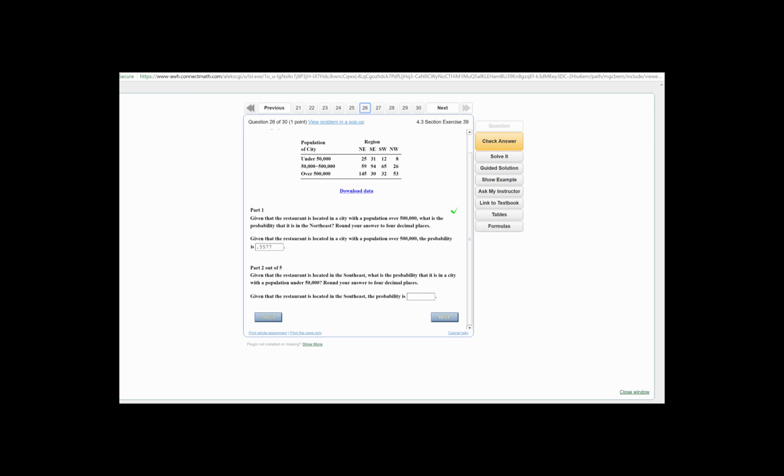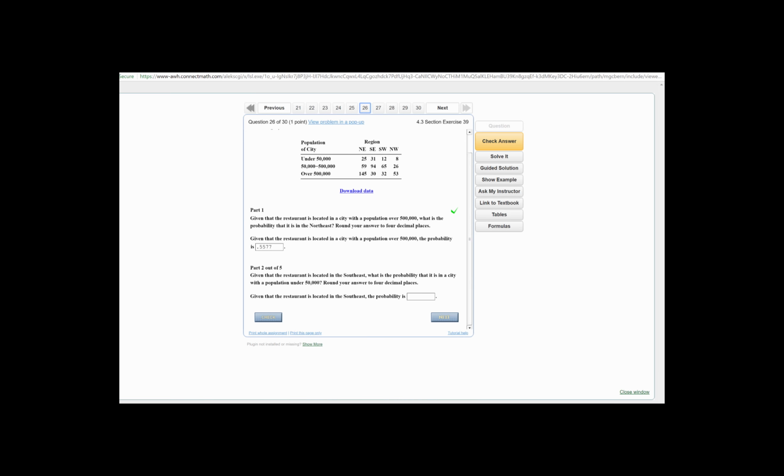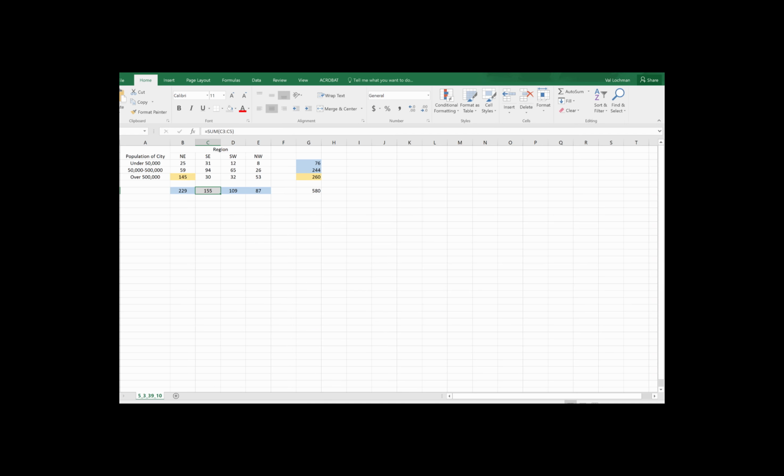Okay, let's keep going. Given that the restaurant is located in southeast, so let's go back to my spreadsheet. Southeast. All right, now I'm going to be dealing with this guy. I'm just going to highlight it for now. Southeast, 155 total. What is the probability that it is in a city with a population under 50,000?